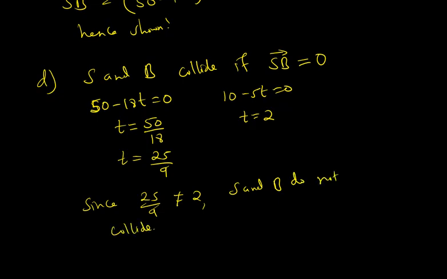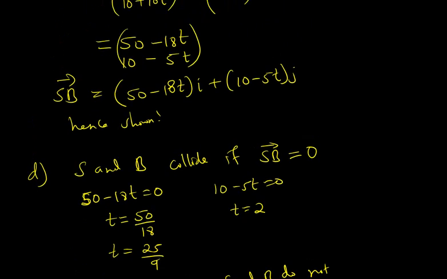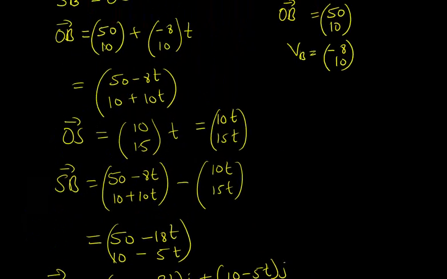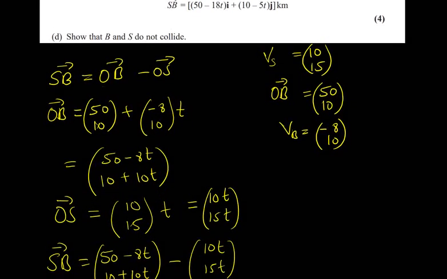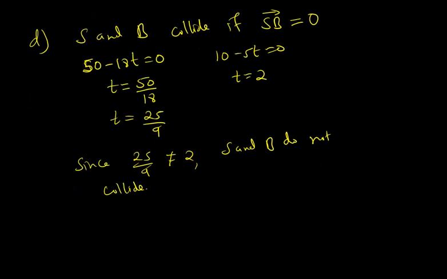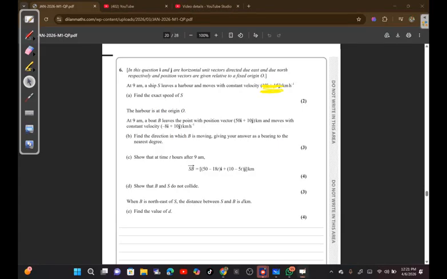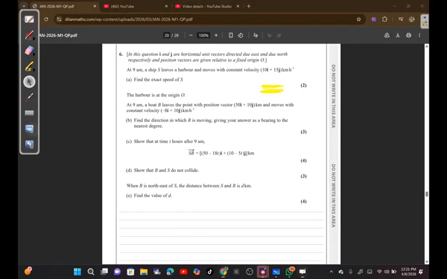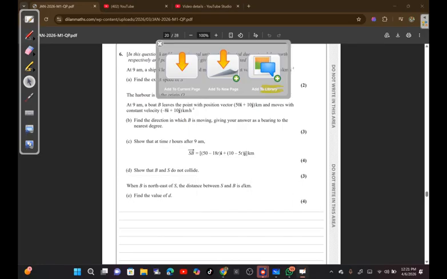And that is it. Now finally we will need to address the last part of the question, which is part E. So I'm going to snip it like that, and I'm going to insert it to the current page.